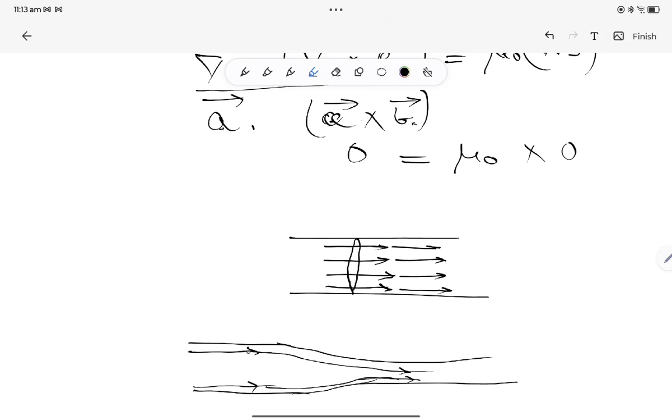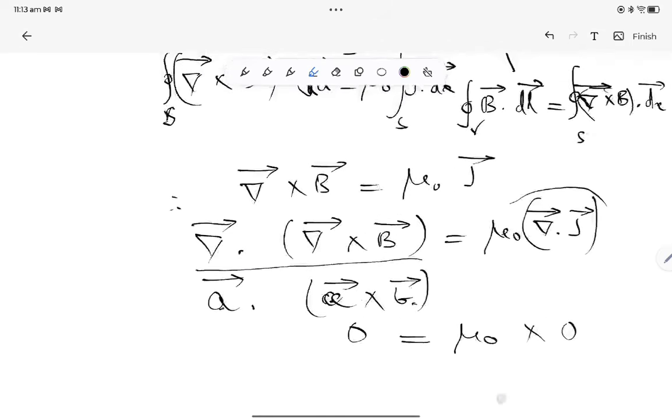Then these current density lines would run away from each other, and there is a divergence. In short, what I want to convey is that there is no guarantee that the divergence of this is zero. That means there is a mathematical problem.